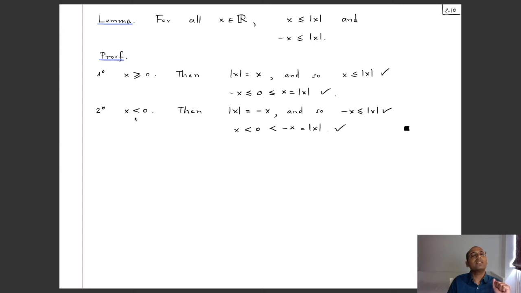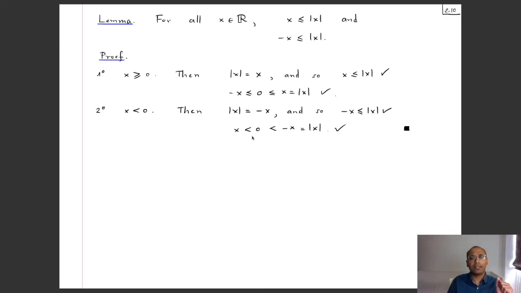What about when x is strictly less than 0? In that case, by definition, mod x is minus x. And so again, we have equality now. In this case, minus x is equal to mod x, in particular less than or equal to, so we have already got the second thing.